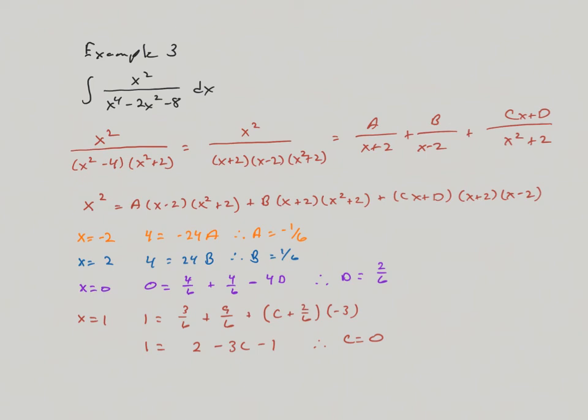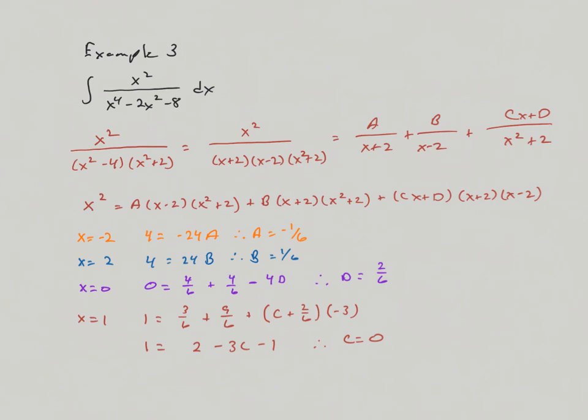When I plugged 1 in for x, and I put negative 1/6 in for a, 1/6 in for b, and 2/6 in for d, I was able to get that 1 equals 3/6 plus 9/6 plus c plus 2/6 times a negative 3.